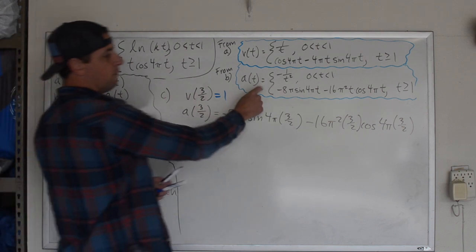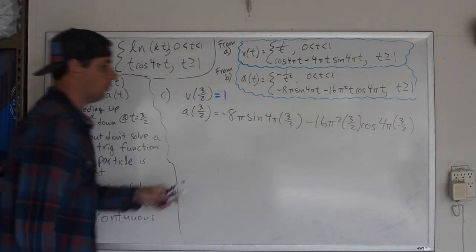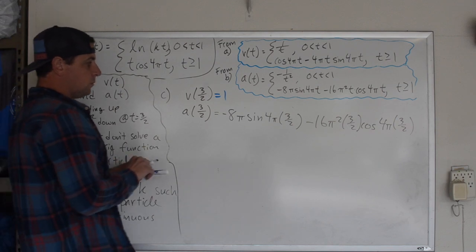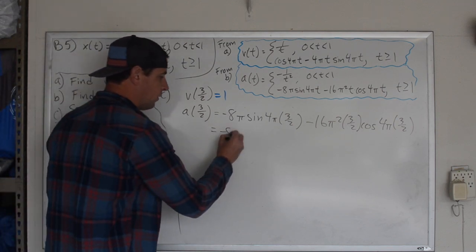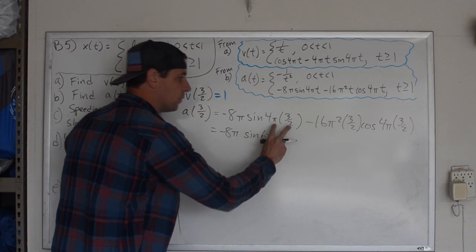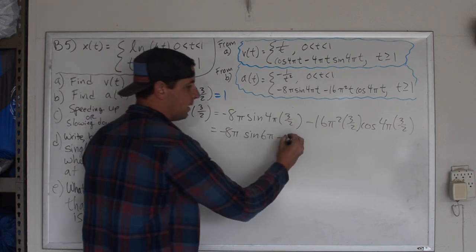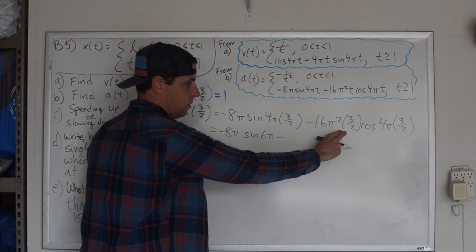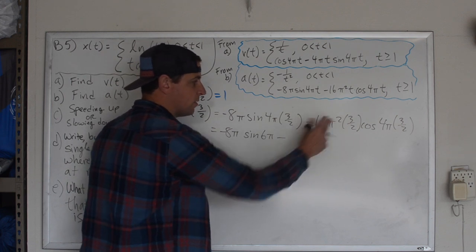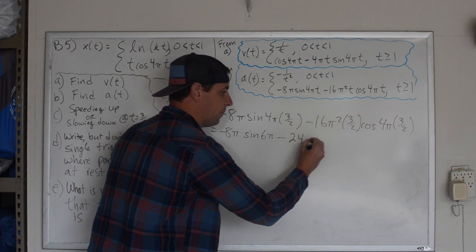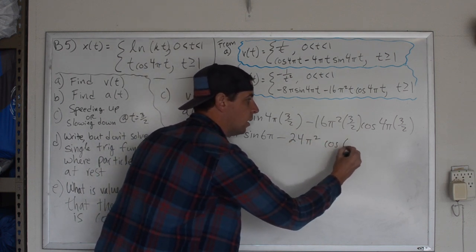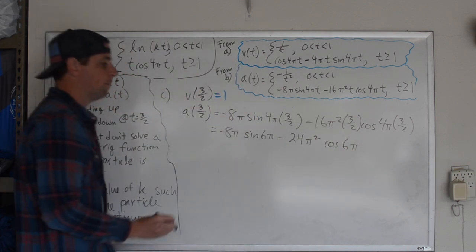Again, I'm using the bottom function because that's when t is greater than or equal to 1, and t in this case is 3/2. So here this is going to be negative 8 pi times sine of 6 pi, minus 16 divided by 2 is 8 pi times 3, which is 24 pi squared, times cosine of 6 pi.